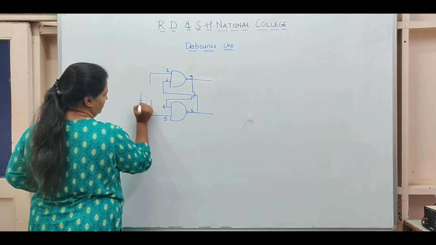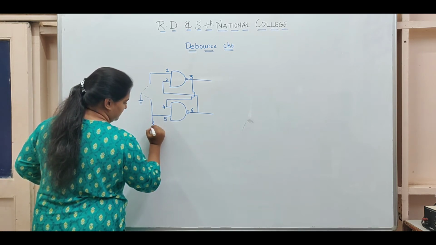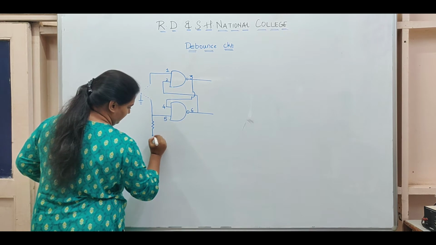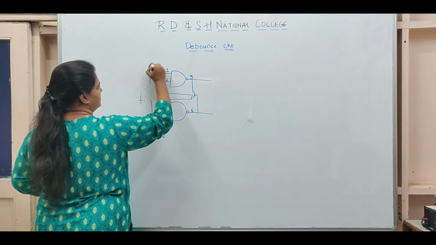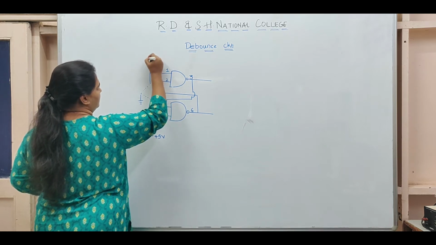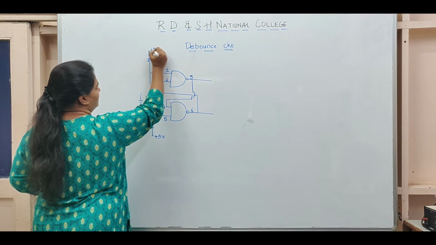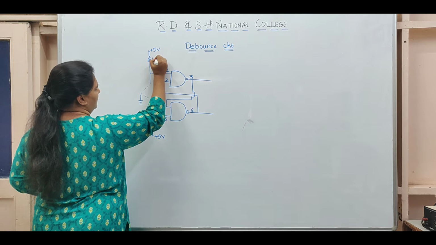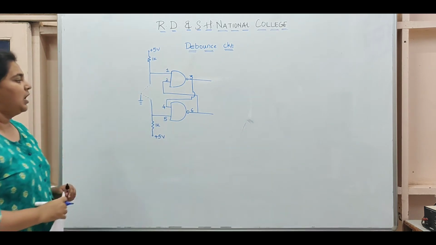Basically these are connected to ground, and via resistances they are also connected to plus 5 volts. I repeat, via resistances they are also connected to plus 5 volts. This resistance could be 1K or 10K, that is our choice.